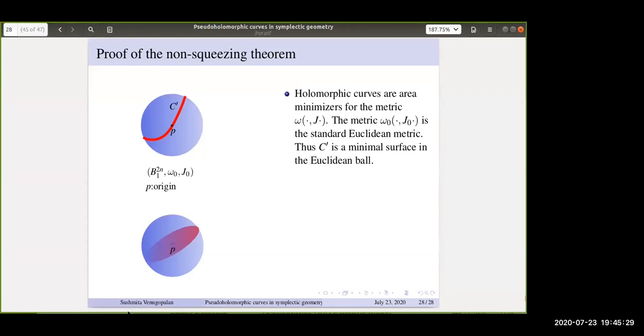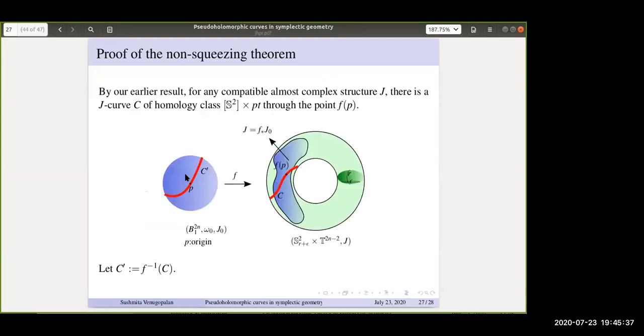Okay, and so now if you look at C prime, it's a J naught holomorphic curve. Note, this is something we need to notice: the way we constructed the new J was that it is the same as J naught in the blue part. So when you pull it back, this red curve is going to be J naught holomorphic in the unit ball.